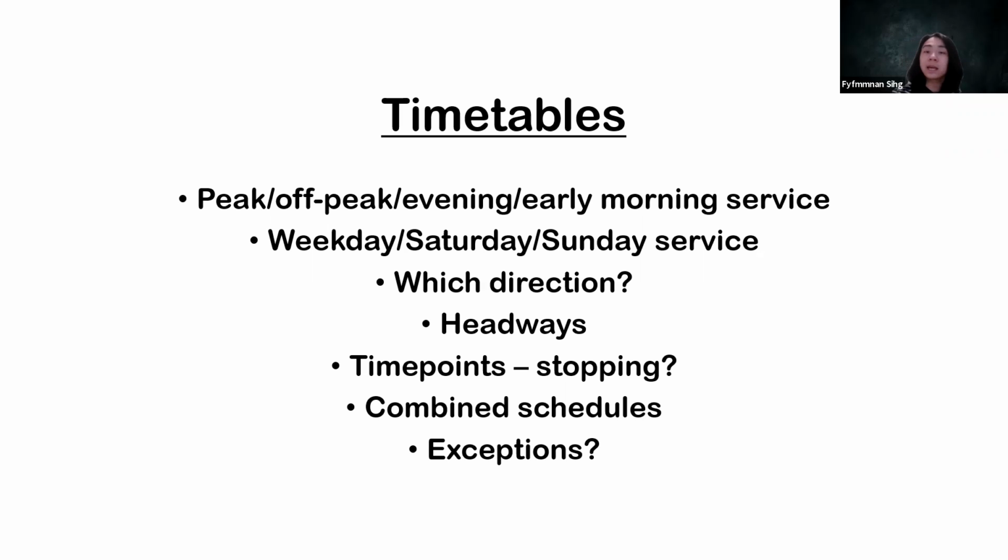So the idea is that if you know the published time point before your stop, and the published time point after your stop, you can figure that the transit vehicle will arrive somewhere in the middle of the stop before and the stop after, right? And so that can give you a rough estimate. And of course, if it's not clear, it's always best to arrive a little bit early to your stop.